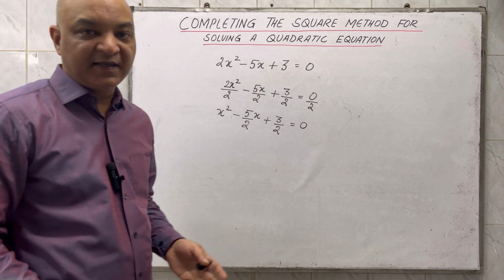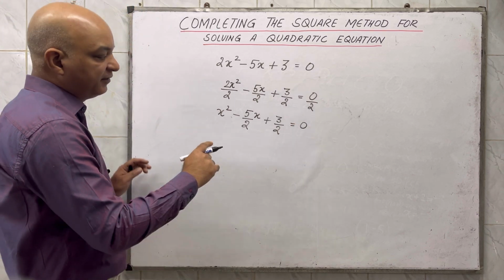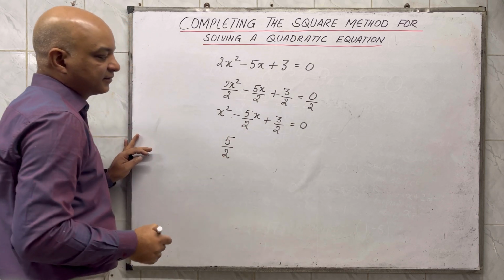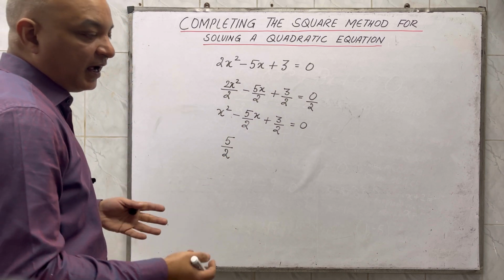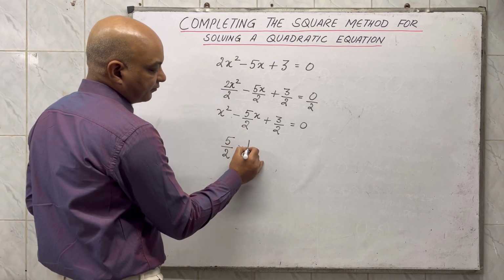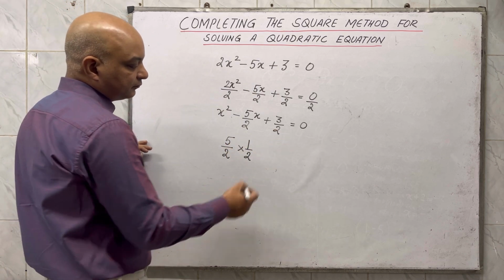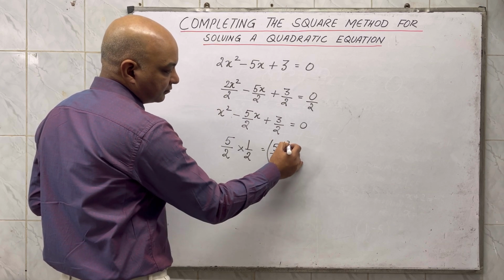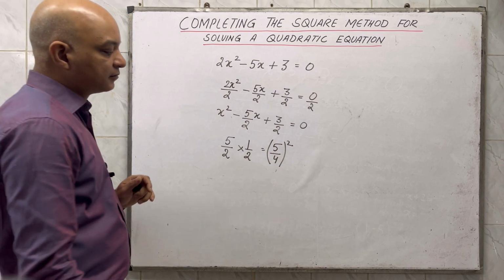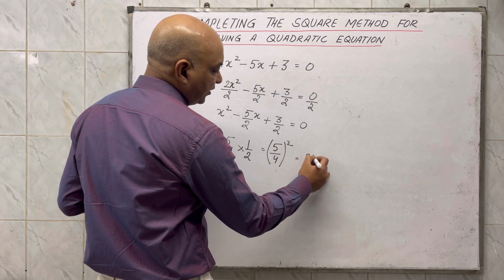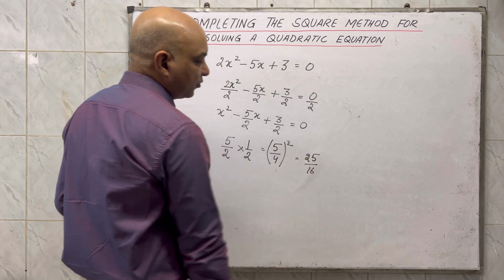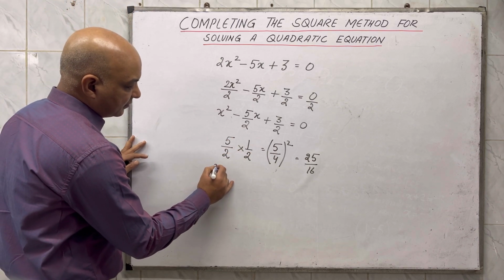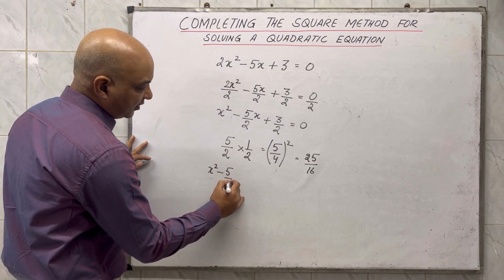Now the procedure is the same again as in the previous case. We will write down the coefficient of x, then we will half it, and the result obtained I will square, and whatever I am going to get now, I am going to add as well as subtract in the given equation.